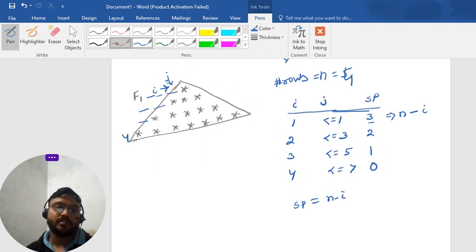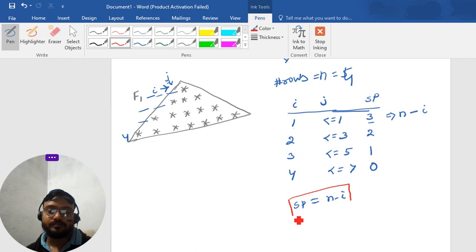That is one relationship we found between sp and i. Then what do we need? We need to find the relationship between i and j. Where my i is 1, j, the number of columns, is less than or equal to 1, the number of stars, right?